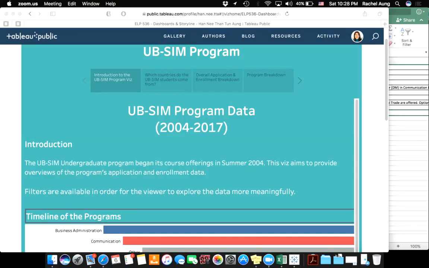For my story, I wanted to do something that I could work with using data from work. Right now in the office, there's only maybe 2 full-time staff that work for this program. So we don't run very many reports. We don't do a lot of data analytics.